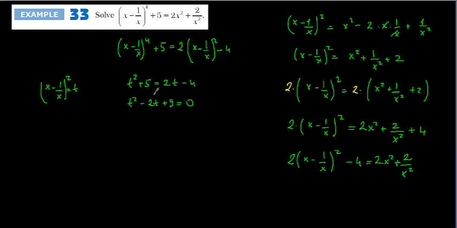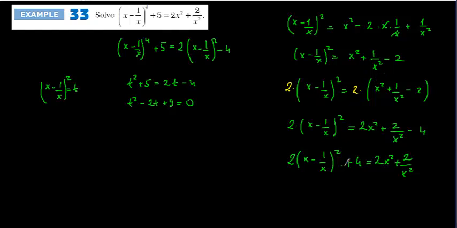I think I have one mistake here, because this shouldn't be plus 9, it is not a perfect square. Let me check the equation here. I should make this one minus 2, because it was minus 2 here. This is going to be minus 2, it's going to continue with plus 4, and here it's going to be minus. When you simplify, this x and this x, it's going to be only minus 2, but I wrote here plus 2, that's why it was a mistake.